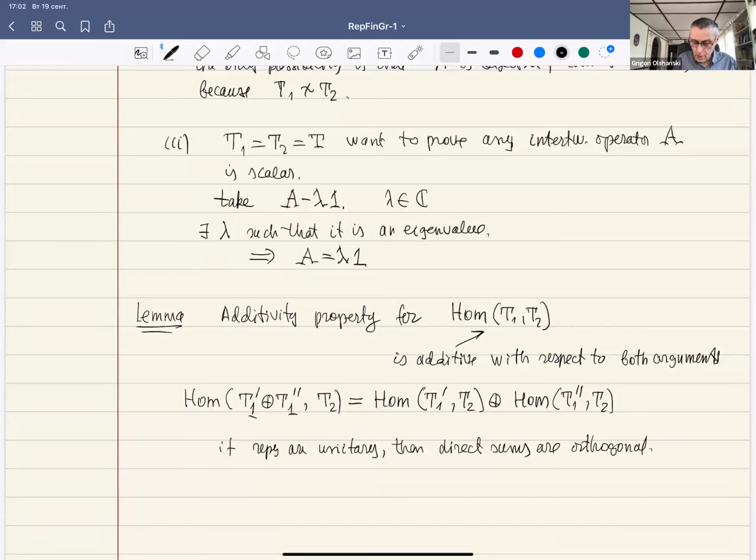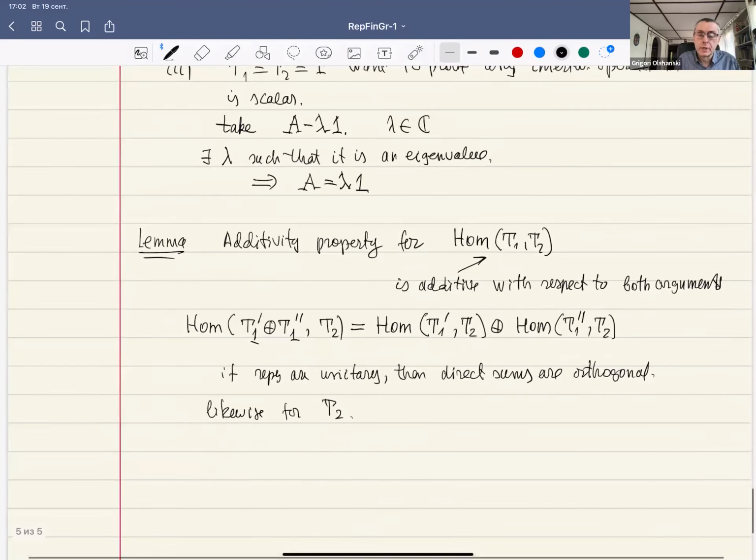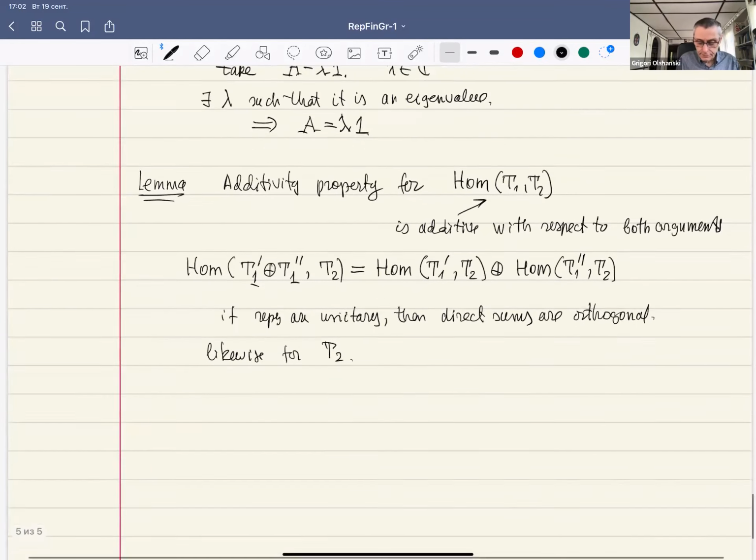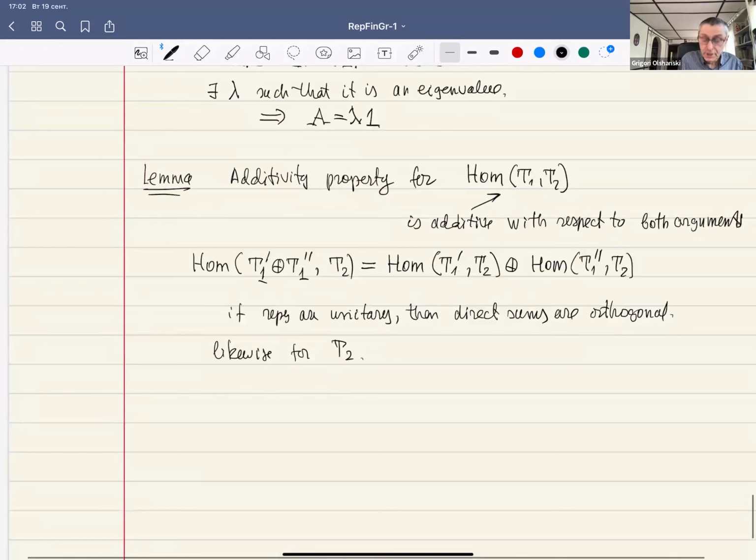Thank you. And likewise for the decomposition of T2. So this is very easy to see. The next definition is that of intertwining numbers.